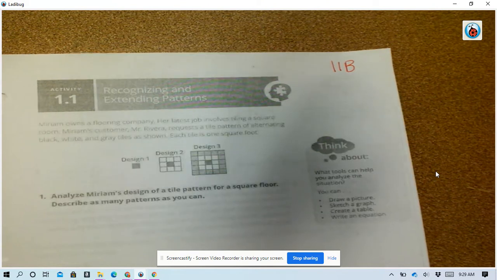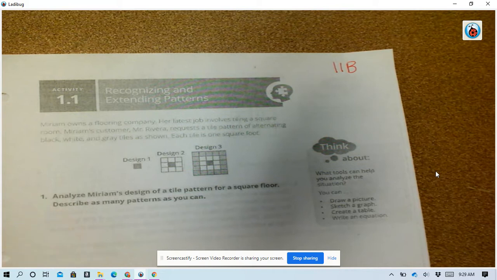So reading the scenario, it says, Miriam owns a flooring company. Her latest job involves tiling a square room. Miriam's customer, Mr. Rivera, requested a tile of alternating black, white, and gray tiles as shown. Each tile is 1 square foot. So number 1, analyze Miriam's design of a tile pattern for a square floor.